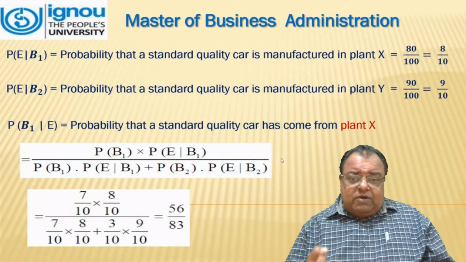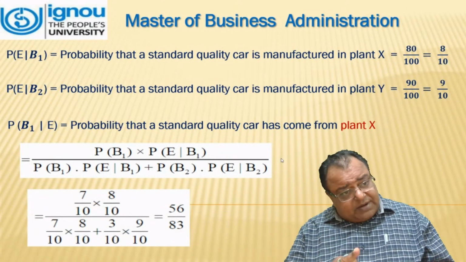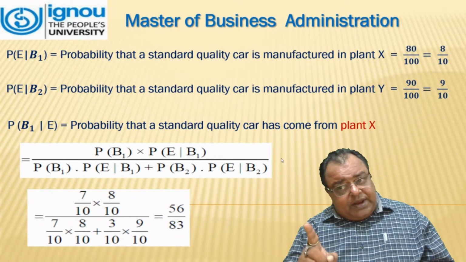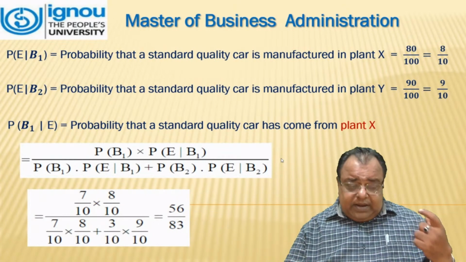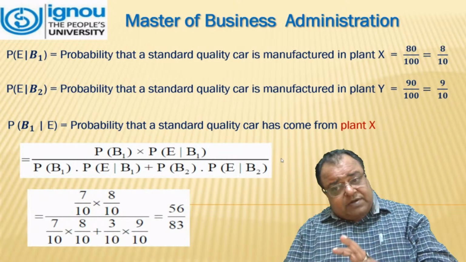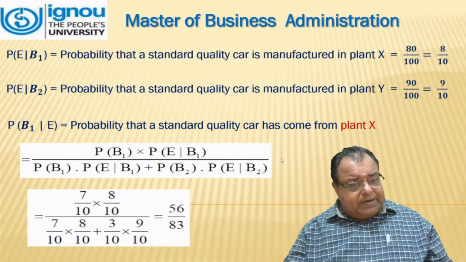Now, the event is of standard quality if it is manufactured by plant 1, so it will be P(A|B1). It is 80 by 100 given in the problem, 8 by 10. And the car selected is of standard quality and it is manufactured by plant Y, it is 90 by 100, that is 9 by 10.